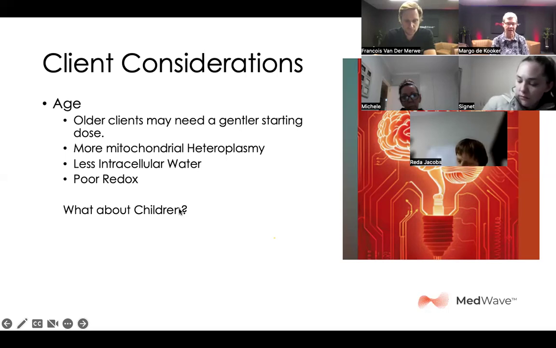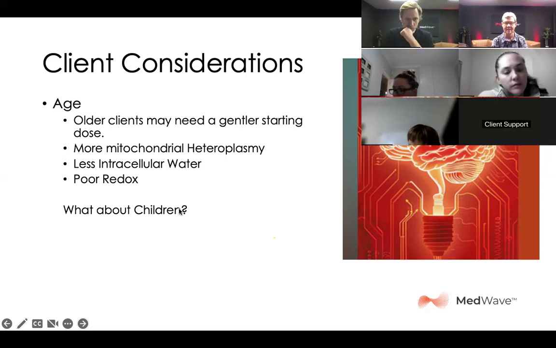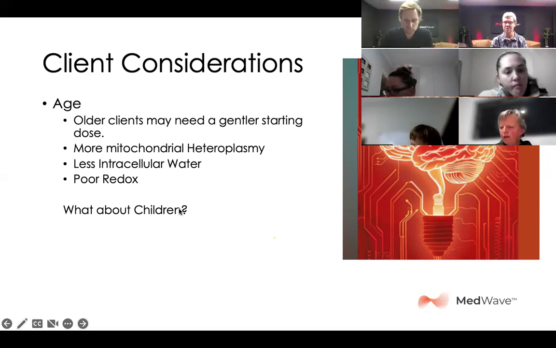Also, our older clients might have poor redox, and they also have less intracellular water. And so the benefit of hydration in the tissues is not as high as one would find in a younger person. And that begs the question, what about children?